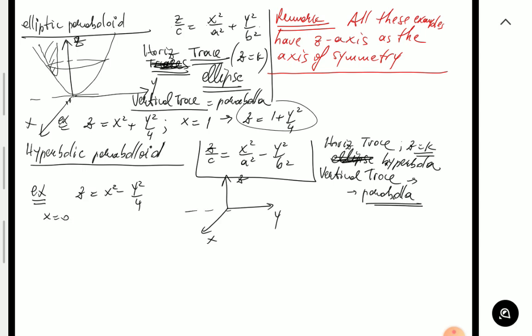At x equals 0, this vertical trace gives me the parabola z equals minus y squared over 4. So if I look at the plane made by z and y, that's going to be up and down with respect to the y-axis, like that.